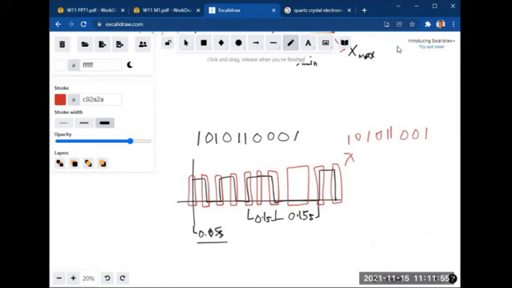Not all of the bits are useful in the system. For example, let's say these are the only useful bits. So that is the ENOB, and the rest will be LSBs. Okay. So that's how usually the system goes.